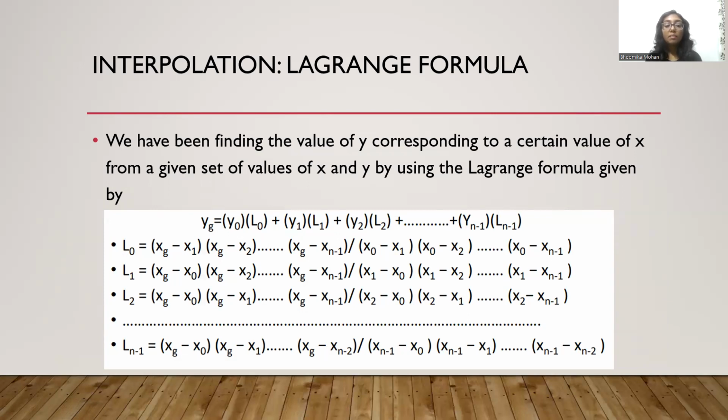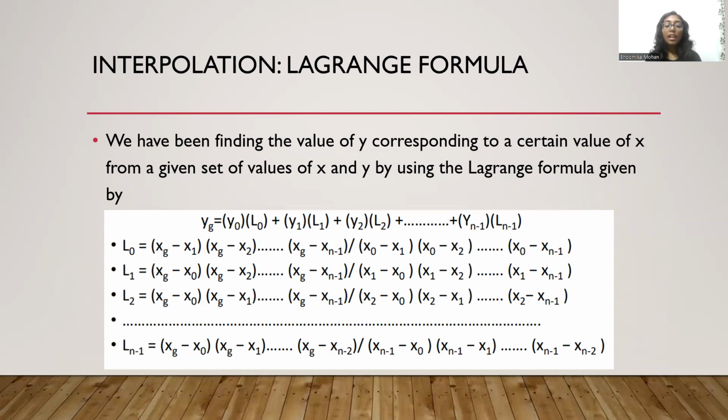L1 equals xg minus x0, xg minus x2, so on till xg minus xn minus 1 divided by x1 minus x0 into x1 minus x2, so on till x1 minus xn minus 1. L2 equals xg minus x0, xg minus x1, so on till xg minus xn minus 1 divided by x2 minus x0 into x2 minus x1 till x2 minus xn minus 1.